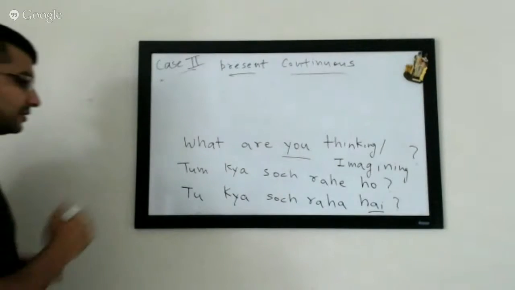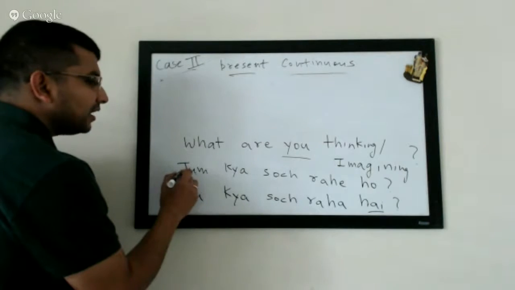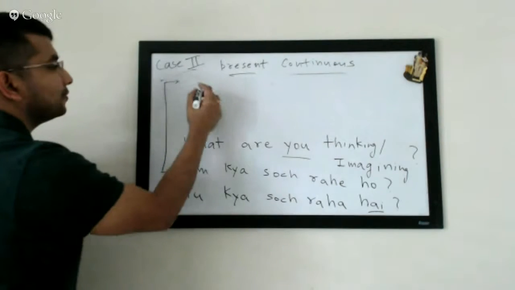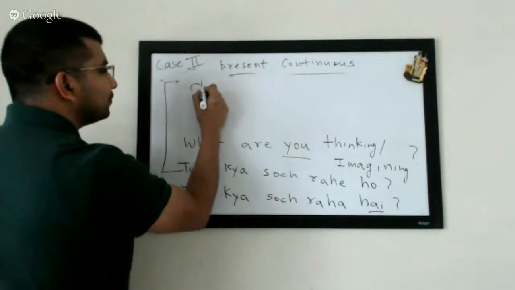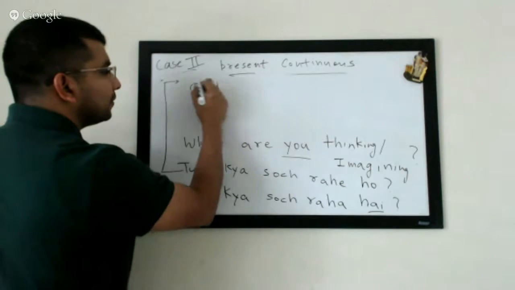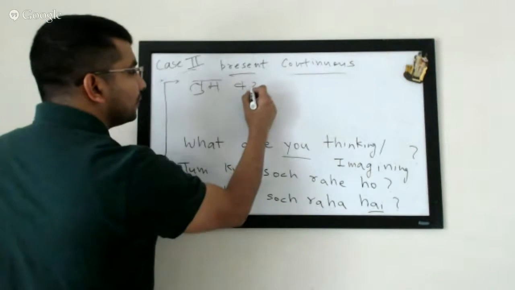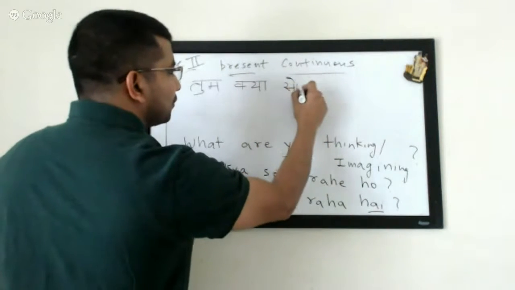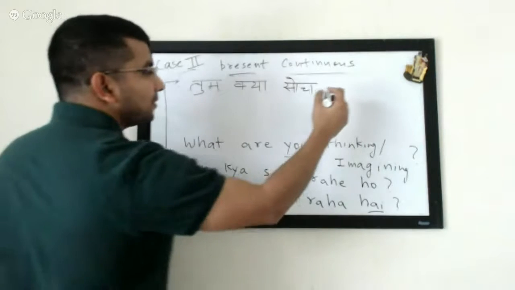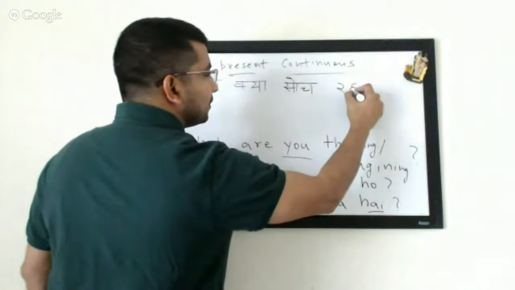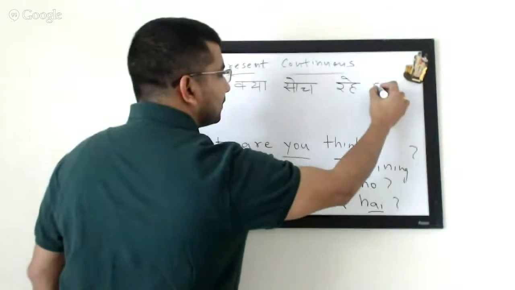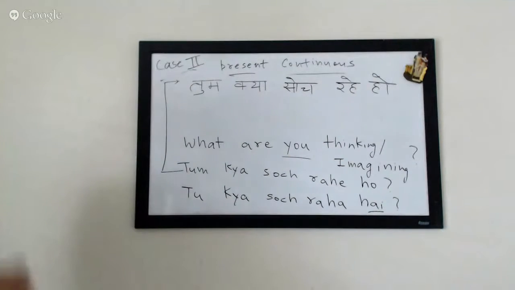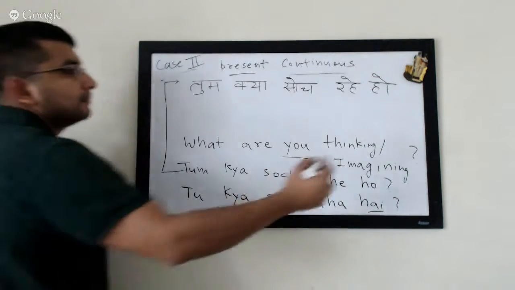So the first one is this one. तुम क्या सोच रहे हो. So this is तुम क्या सोच रहे हो.